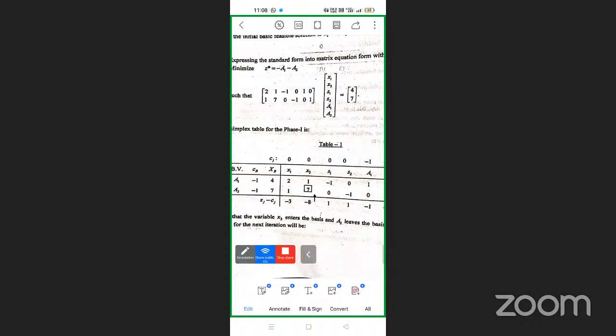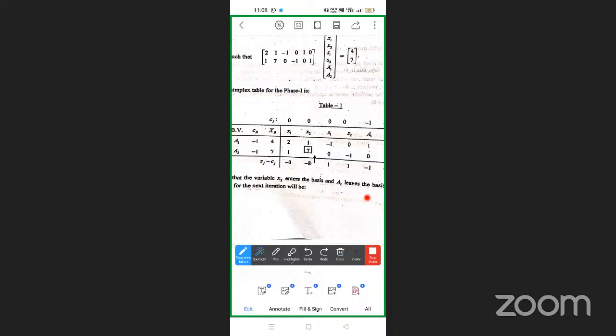Next we find the delta j's. CB into XB: minus 4, minus 7, total minus 11. Then minus 2, minus 1, so minus 3. Next minus 1, minus 7, minus 8. The remaining are plus 1, plus 1, minus 1.